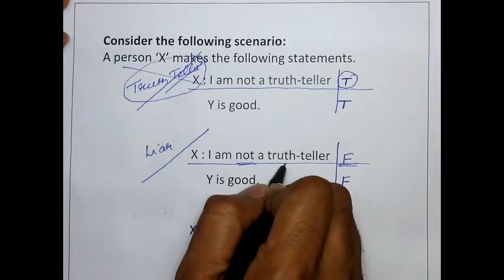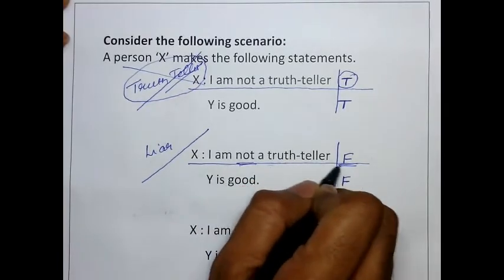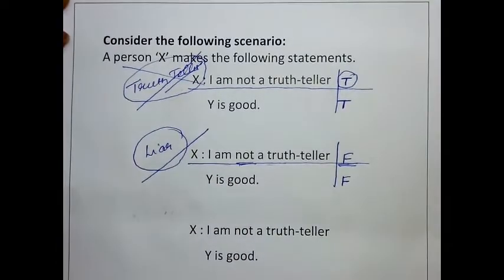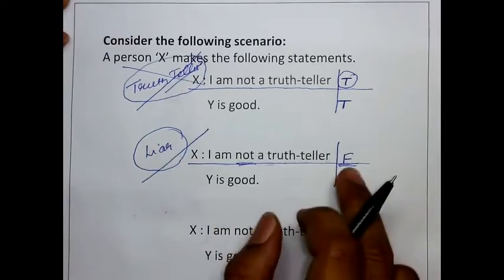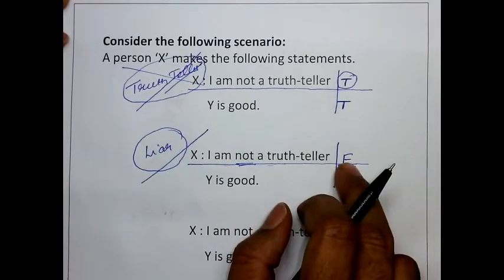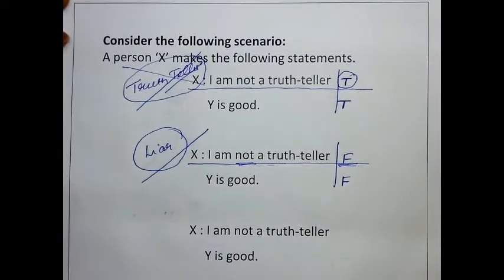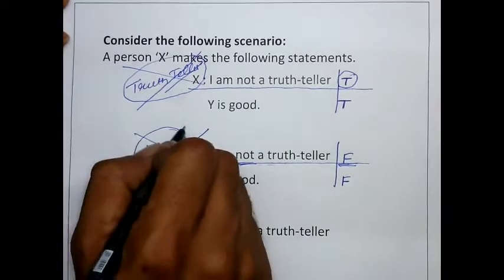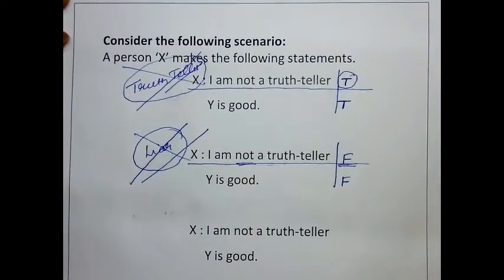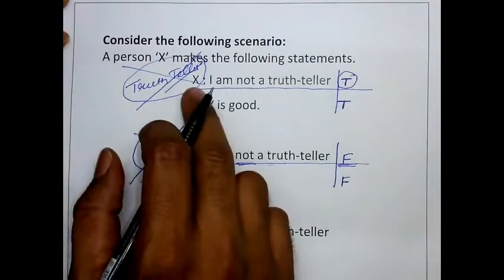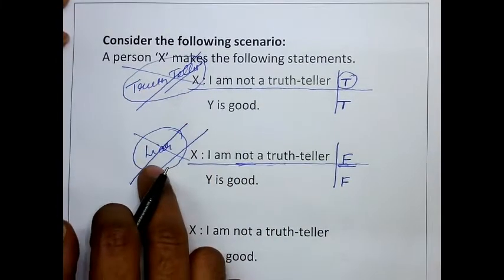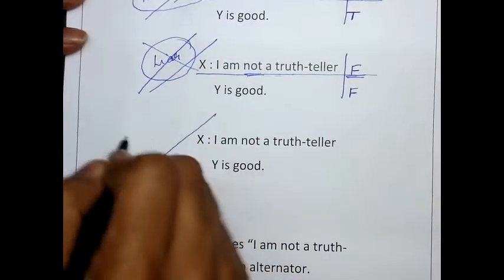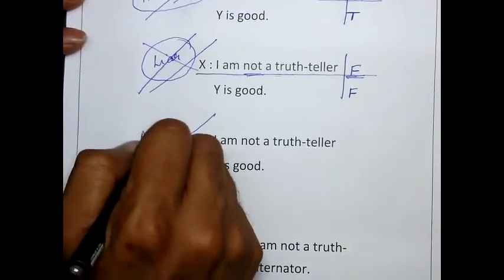In the statement, X becomes a truth teller, but in the assumption, X is a liar. In the assumption and in the statement, we see two different situations, which means this assumption that X is a liar is wrong. X cannot be a truth teller, X cannot be a liar, which means that this person X must be an alternator.